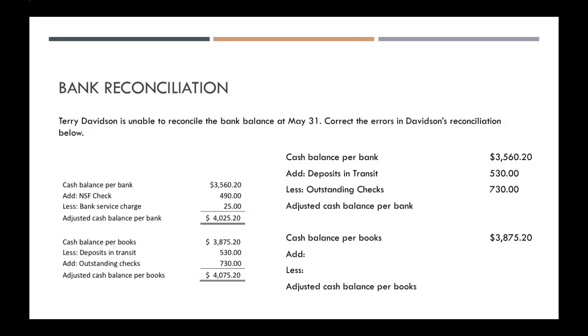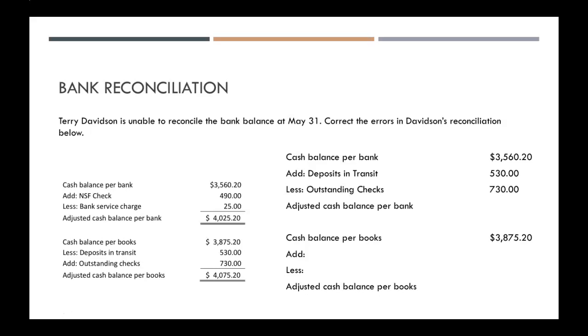But until I take that check to the bank, the bank has no idea that you wrote down on a piece of paper that you're giving me $730. Right? So until I take that check to the bank, it's an outstanding check, because it's still out there in the world. So the bank would not know about that. And once they find out, it's going to decrease your bank balance. Right? So that's why we subtract it here on the bank reconciliation.